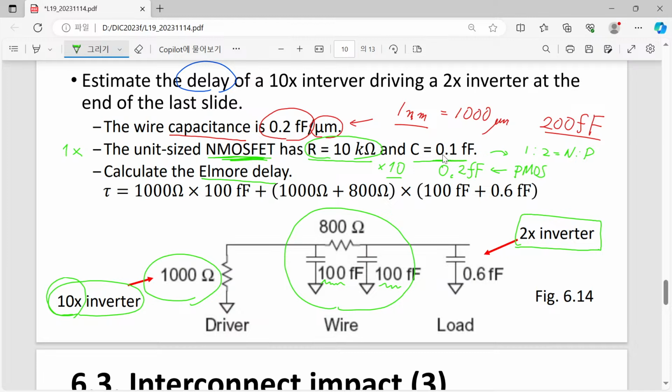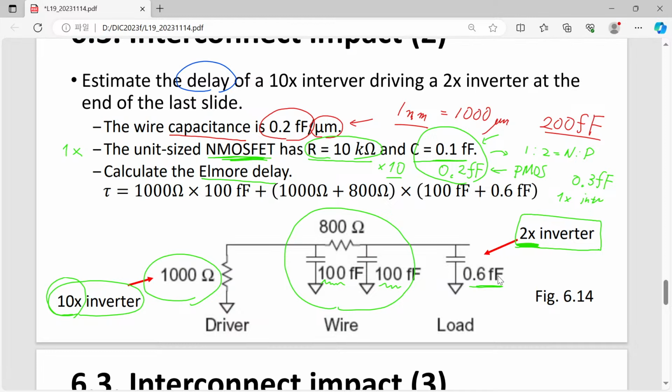So are you with me? If we have a unit N MOSFET, then we will have just 0.1, and with a P MOSFET twice wider, we will have 0.2. The sum of them, 0.3 femtofarad, corresponds to just a unit inverter. Here we have assumed a twice wider inverter, so we must apply an additional factor of 2. Then we will have 0.6 femtofarad.